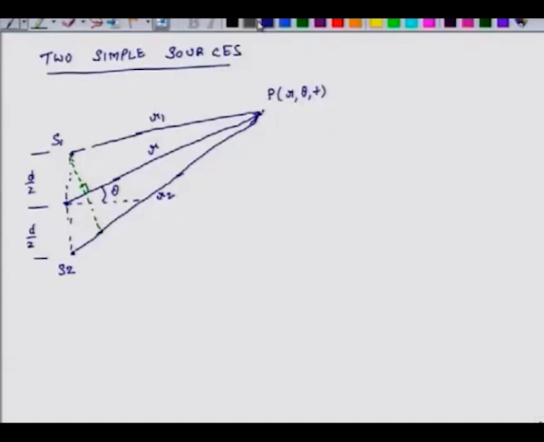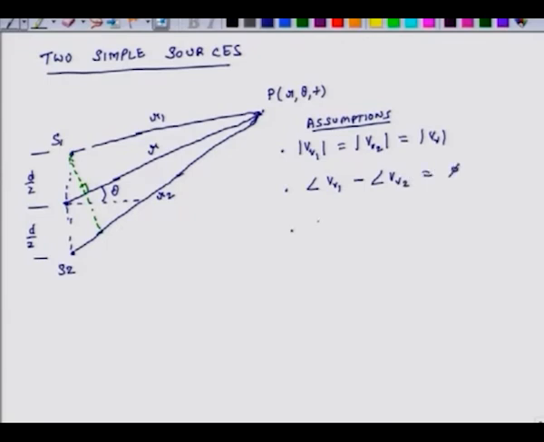So, earlier what we had assumed was that the volume velocity of sound source 1 was the same as the volume velocity of sound source 2, and this is V v. So, the magnitude of this volume velocity is the same. The second thing we had assumed earlier was that the phase of volume velocity 1 minus the phase of volume velocity 2 is some constant phi.